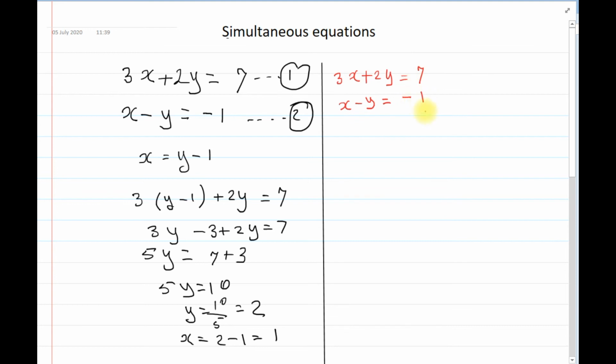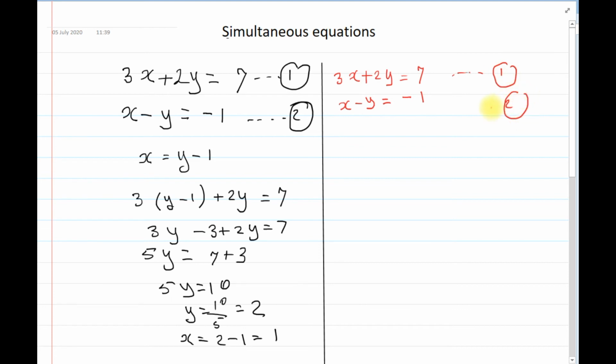What we need to do when we are trying to use the method of elimination is to eliminate one of the variables between the two equations. This is done first by making the coefficient of that particular variable the same in both equations. Let's call this equation 1, so that you know what I mean.